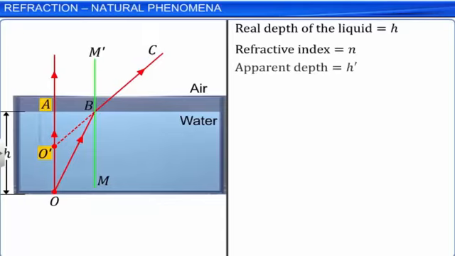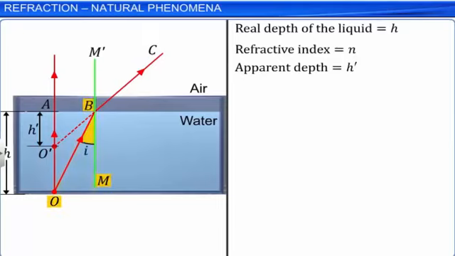This means when an object in a denser medium is viewed from a rarer medium, the apparent position of the object is closer than its real position due to refraction. Let the angle of incidence OBM be i and the angle of refraction M'BC be r.